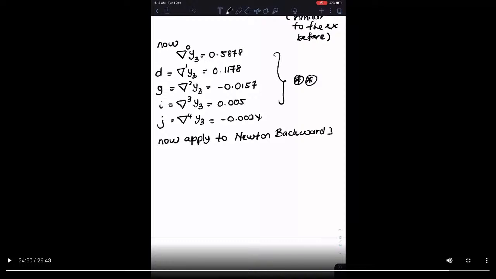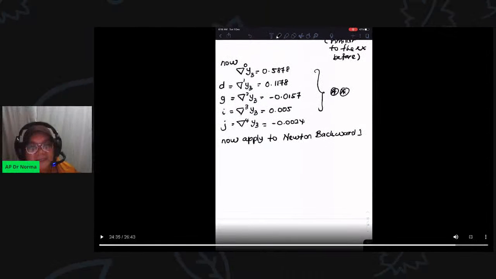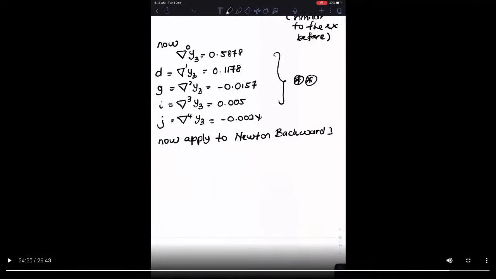Why? The answer is because we are using the backward difference formula. We start the data from x4, the last data, from xn. So we will need to find the last data. So now we continue.